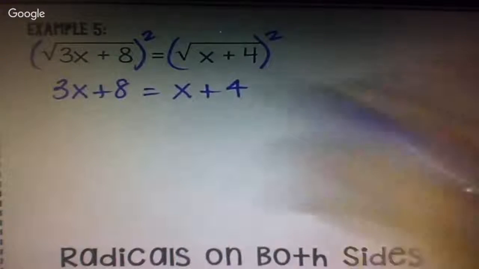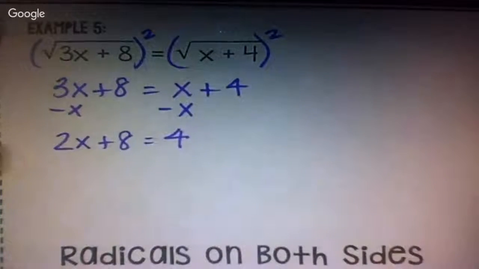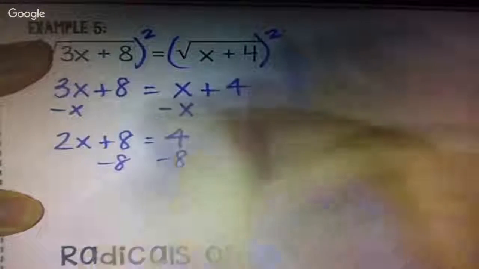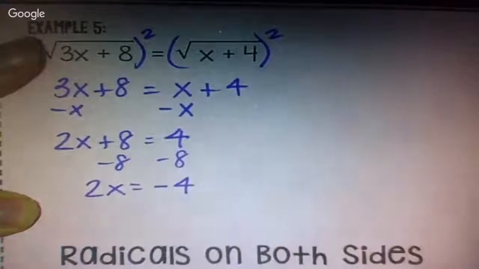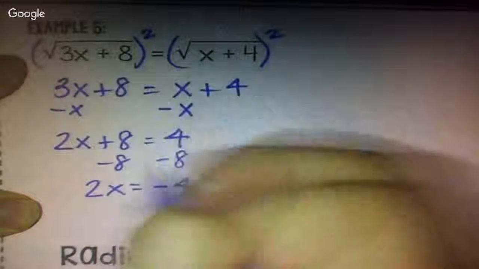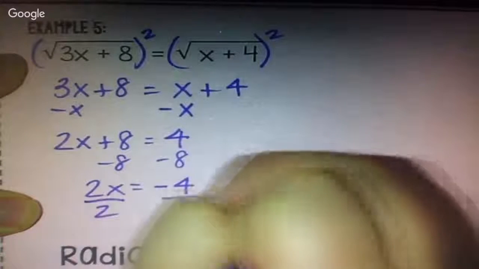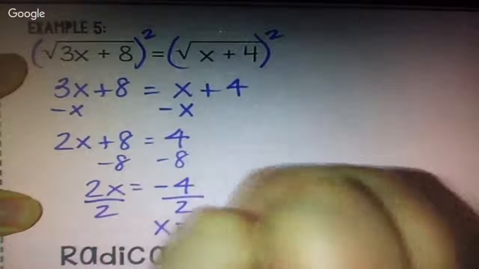So I need to move this to the left, so we're going to subtract x. 2x plus 8 equals 4. Now subtract the 8, so 2x equals negative 4. Divide by 2, so x equals negative 2.